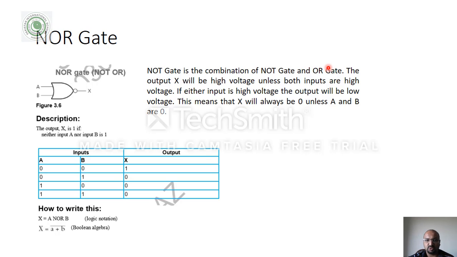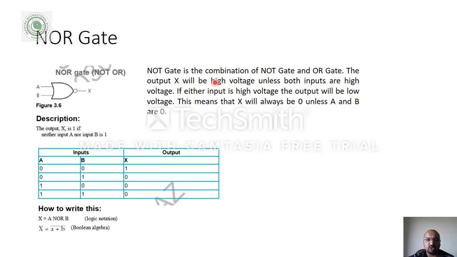As we know, the OR gate outputs high voltage whenever either A or B is high voltage. In a NOT gate, high voltage is converted into low voltage and low voltage is converted into high voltage.